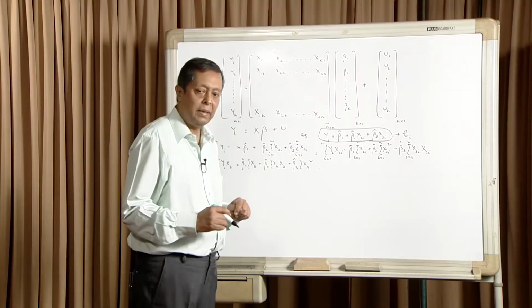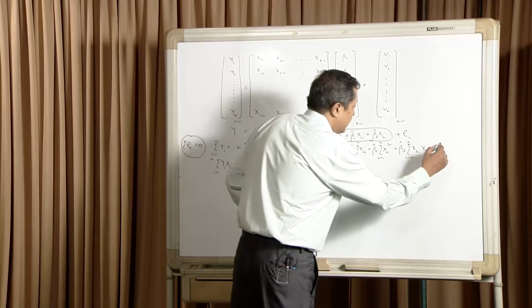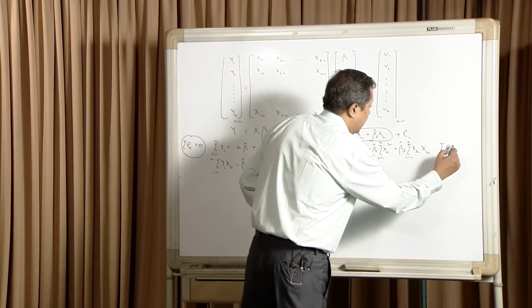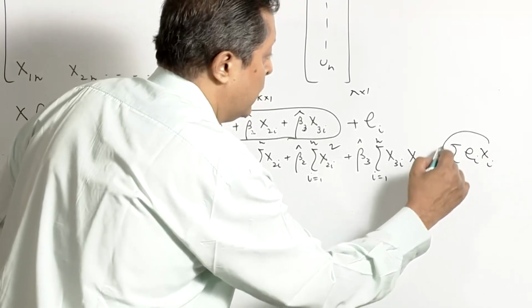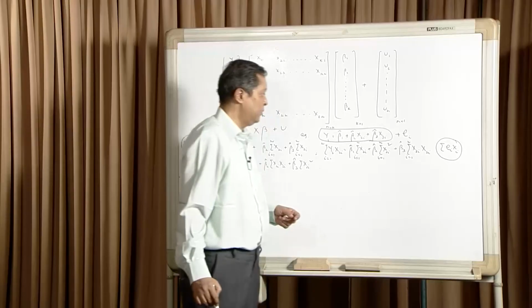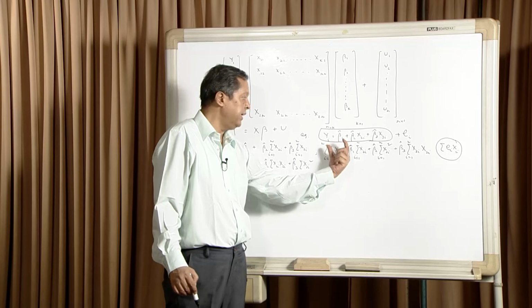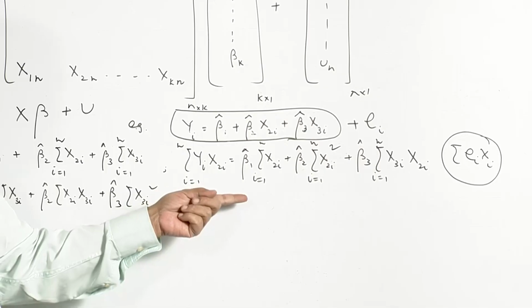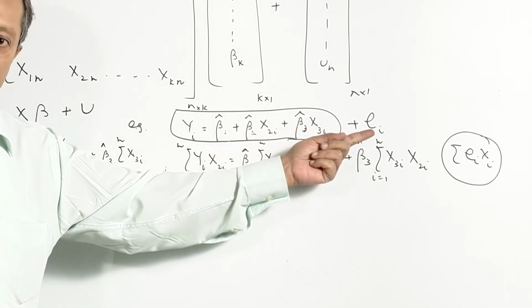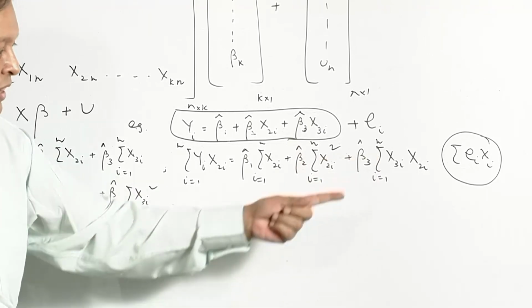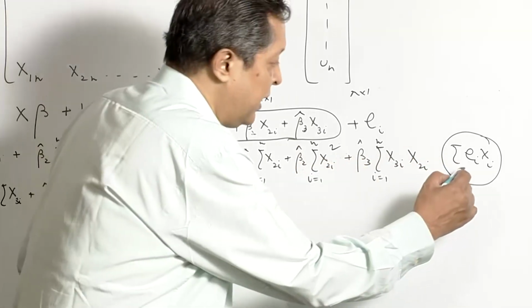What does the second one mean? It again means that the error ei is not correlated with x2i. What we are doing is y minus the right hand side, and then multiplying by x2. So, that means we are multiplying e with x2. That means summation ei x2i is equal to 0.